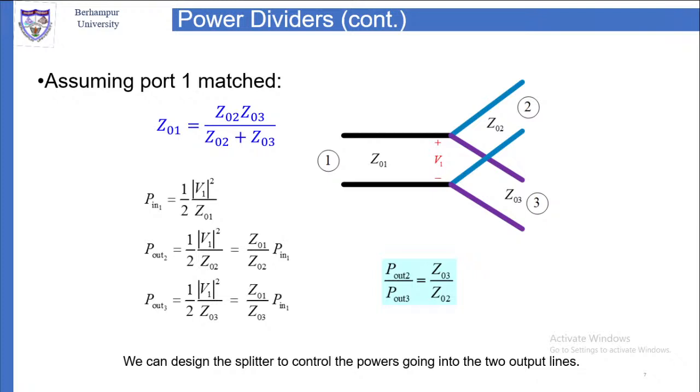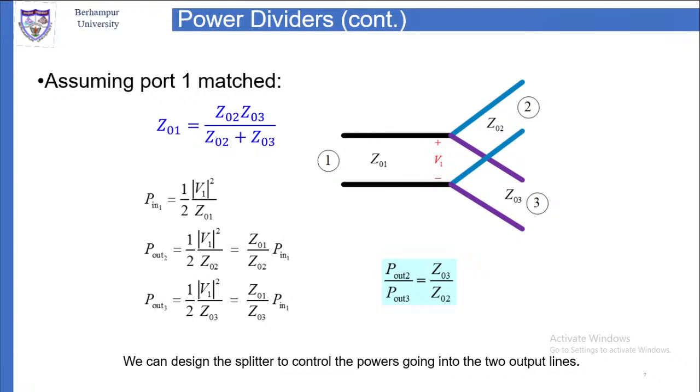If we take the ratio of the output powers, P out 2 by P out 3 is equal to Z03 by Z02. Which means if we want to divide power in a particular ratio, then we can choose the characteristic impedance of the output lines.